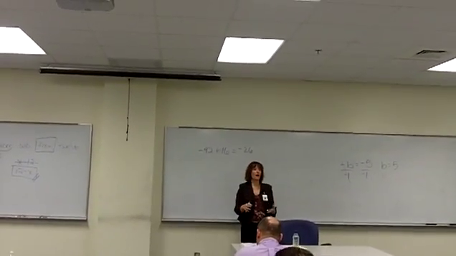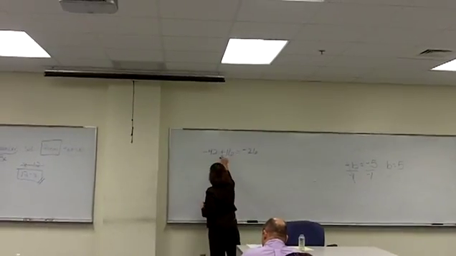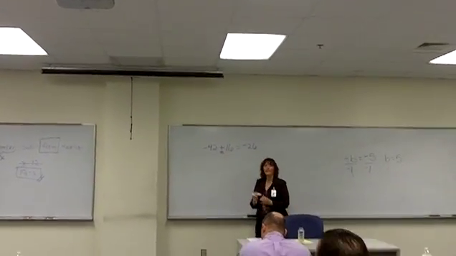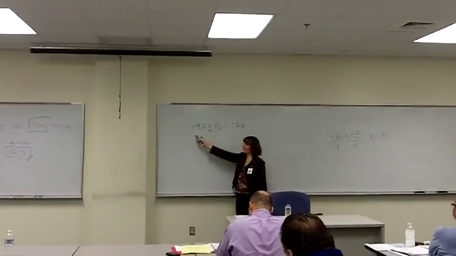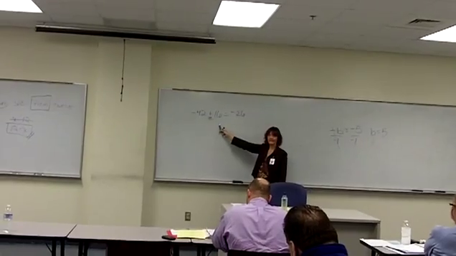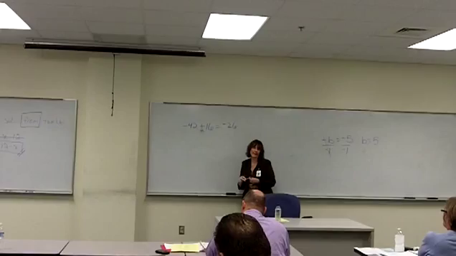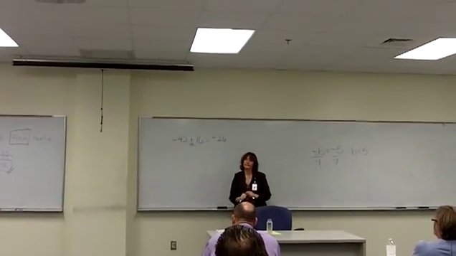So it said the sum of, and what's sum? Addition. There's our addition right there. Of, and then they gave it to you in order. -42 and 16 is -26. Is that a true statement? How can you check that?